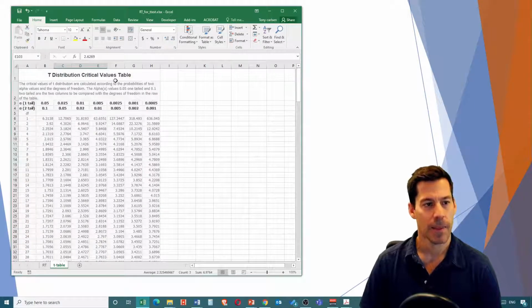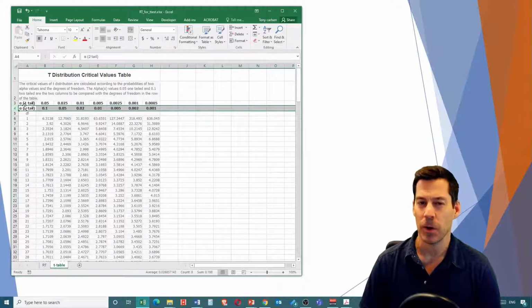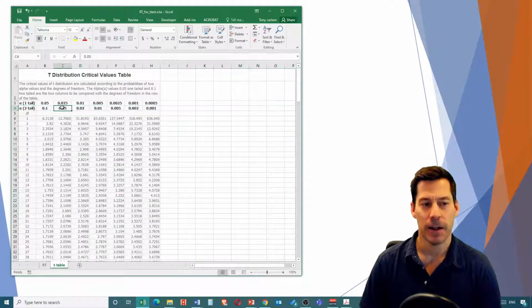Now, the t-distribution of critical values has alpha values for either one-tailed or two-tailed tests. And we're going to be using a two-tailed test at an alpha, or a significance value, of 0.05. Now we need to go down to our degrees of freedom. And remember what our degrees of freedom were.